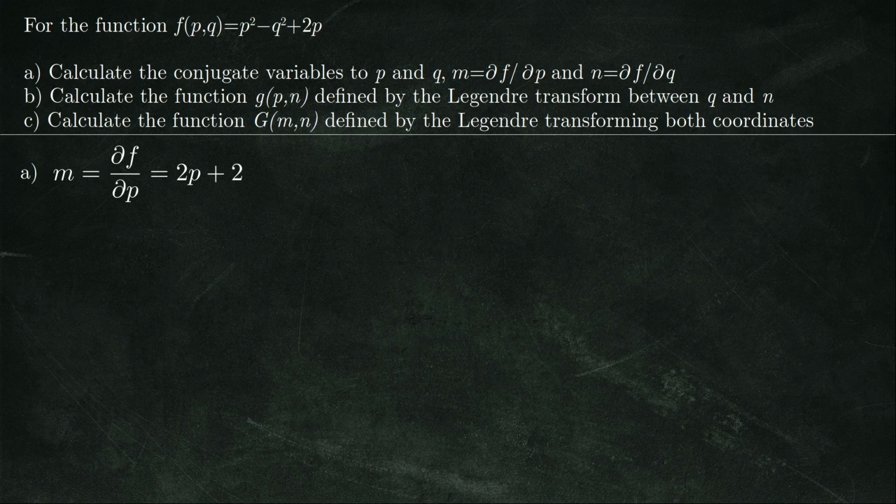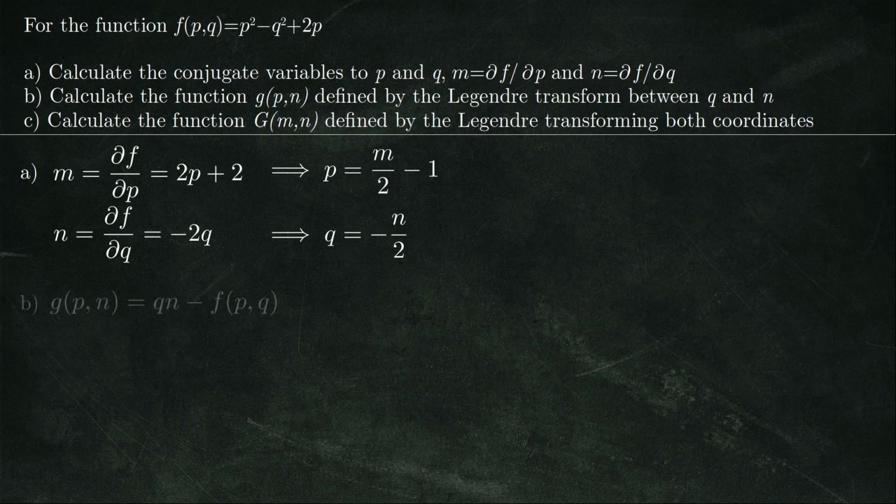Okay, to work out n, we do df by dq, which is equal to minus 2q. And then to make things easier for later, we're going to invert these. We want to find p of m and q of n. And so we have p equals m over 2 minus 1, and q equals minus n over 2.